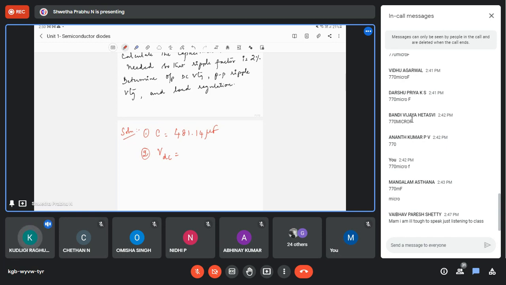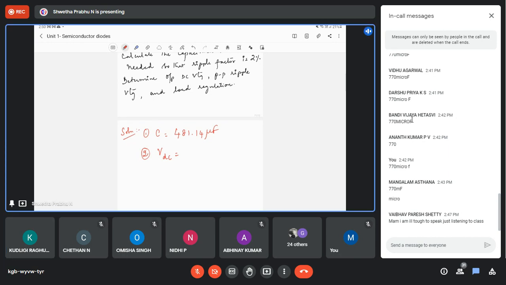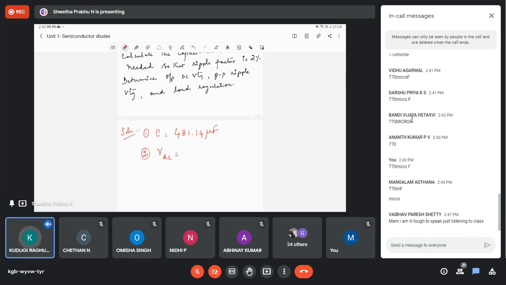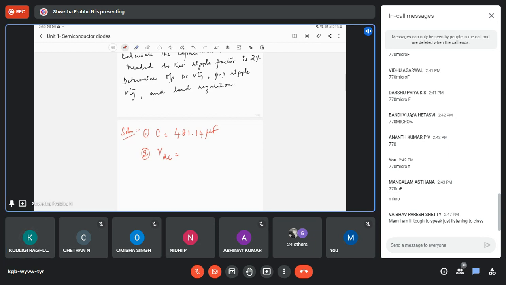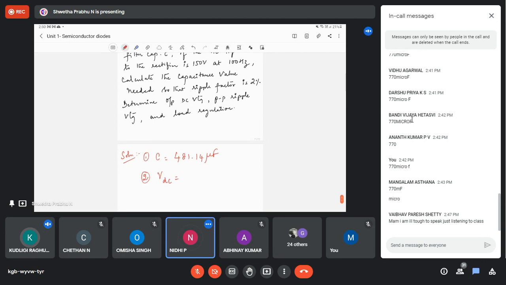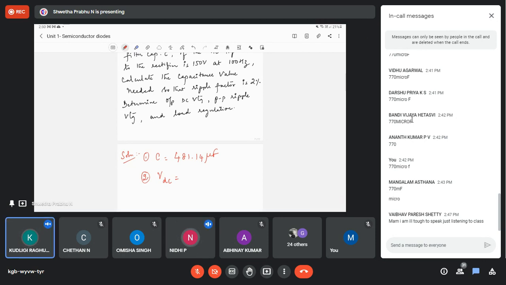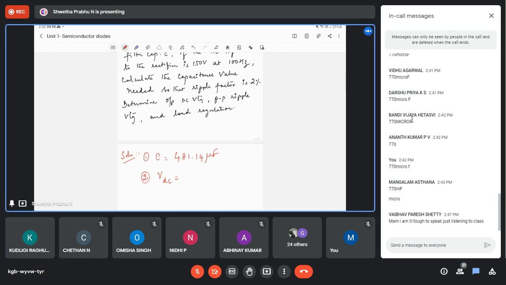Ma'am, for the first part I'm getting 962 microfarad. No, please check once again. It's exactly double of 481. Can you give me the frequency value? They have given 100 hertz. Oh, right, I took it as 50. My bad. That is the reason maybe. Yes.